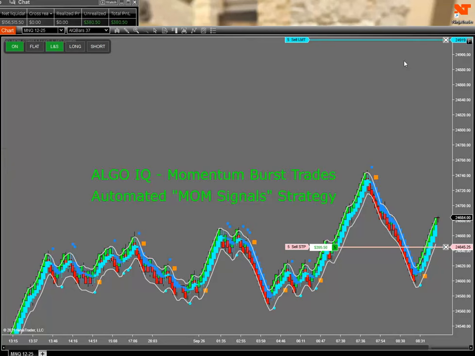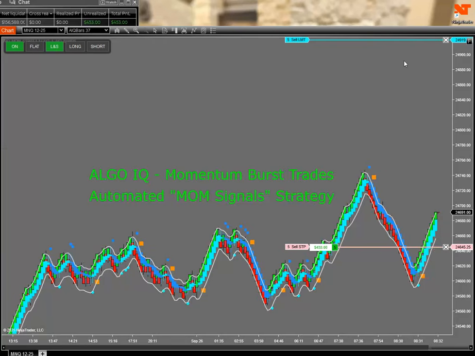Now, when I run automated, I don't leave automated on running into an NFP news release, into a CPI news release, or into a Fed interest rate news release. I will trade through Fed press conferences. I'll trade the activity after.